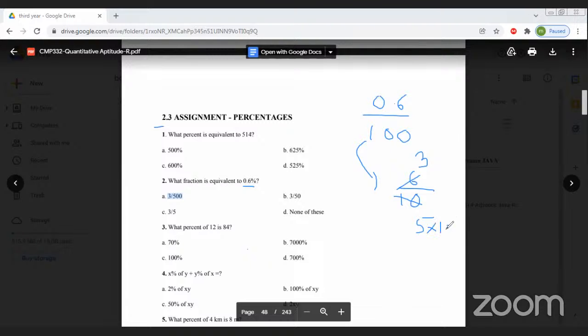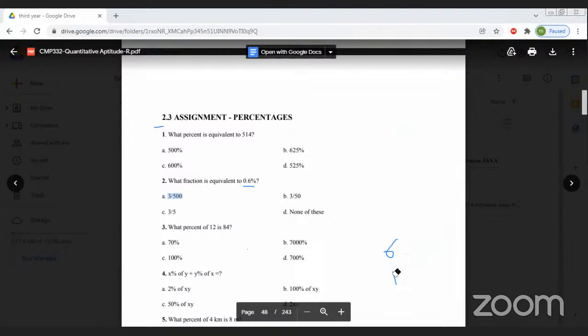That means it should be 100, correct? So how do you get this 100 part? Below term, see, it is 0.6. So when we multiply it by 100, you will get 6 into 10 upon 100. Correct? This is not how we solve it.